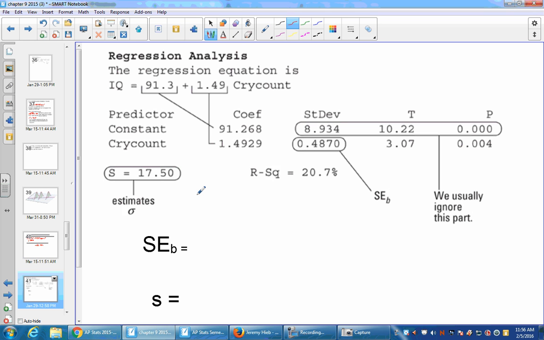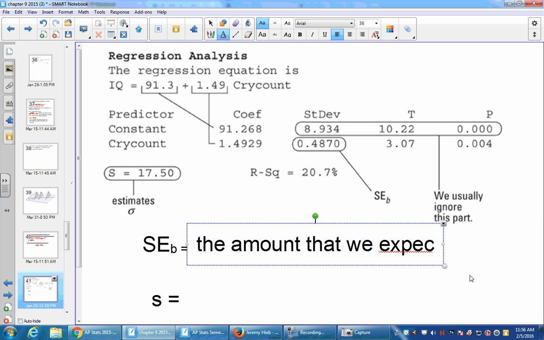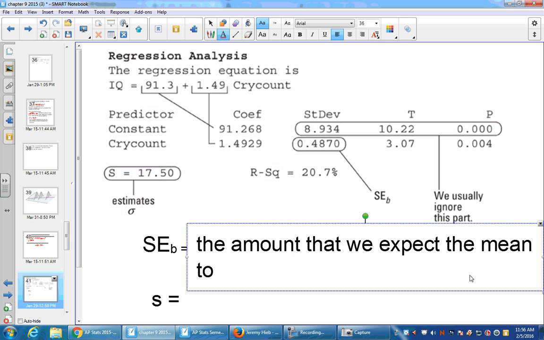Now, two other things that we need to interpret are our standard error of residuals and our standard error for slope. Our standard error for slope means the amount that we expect the slope to change on repeated samples.